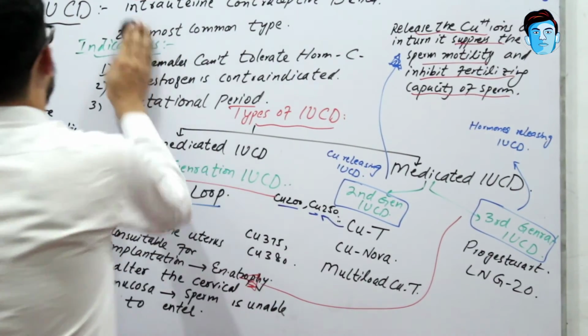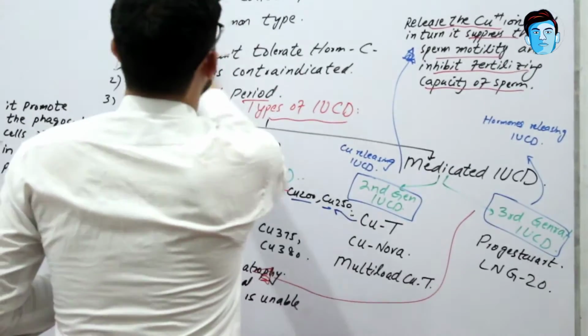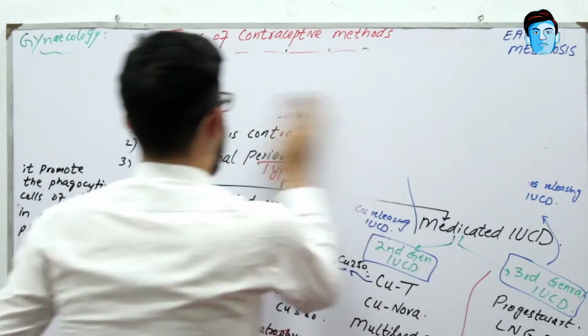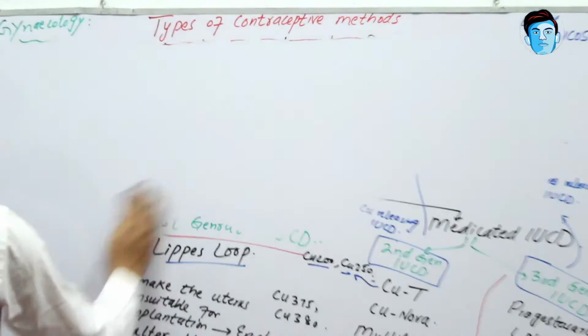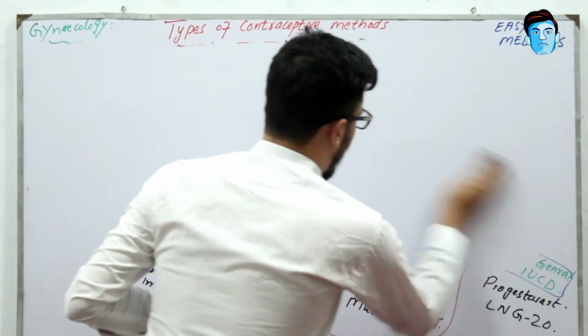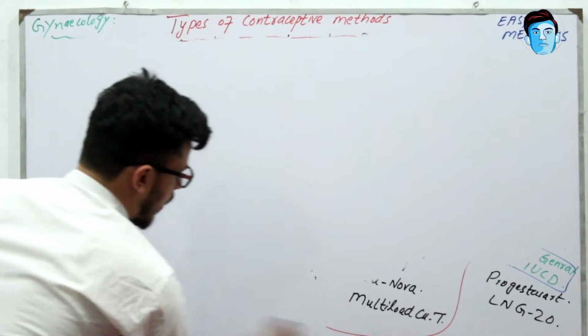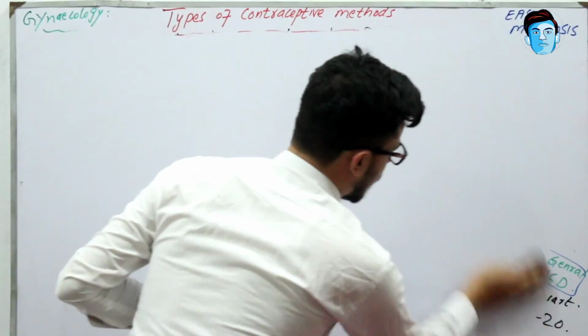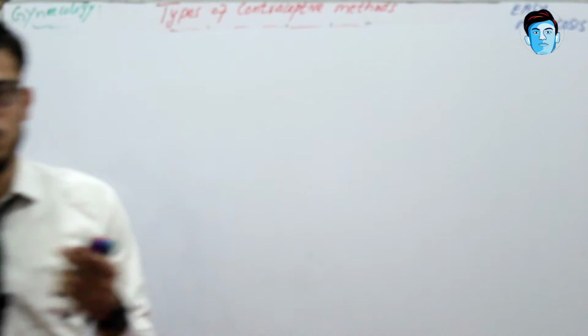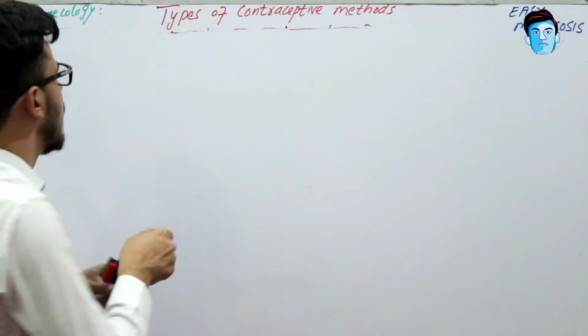Now let's discuss the third type of temporary method of contraception, which is called the hormonal method of contraception. As I told you earlier, the hormonal method is the most common type of temporary contraception.